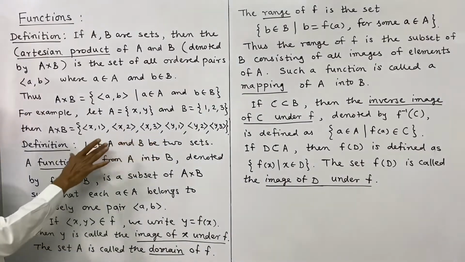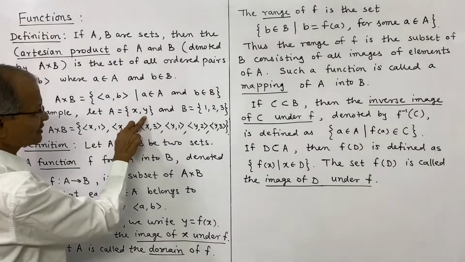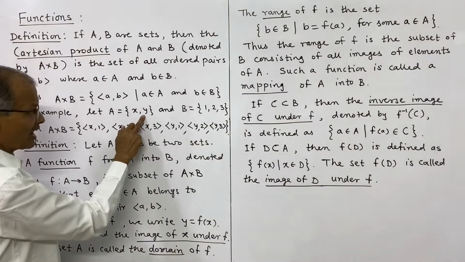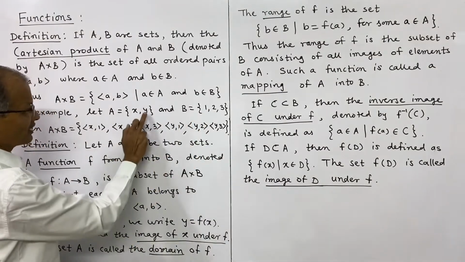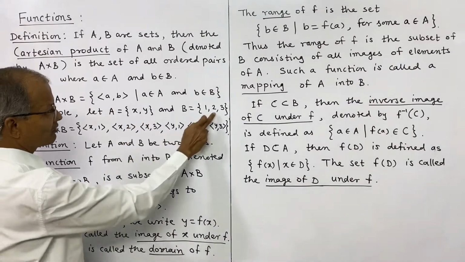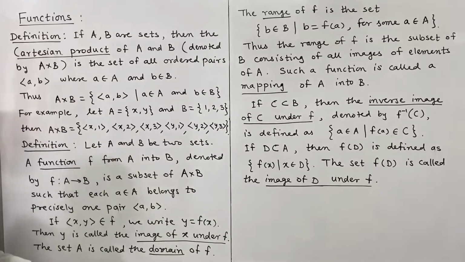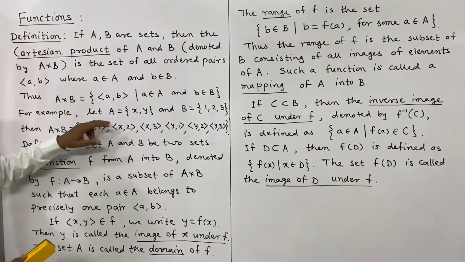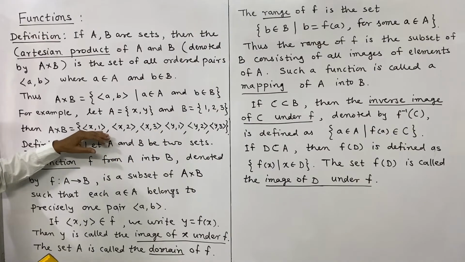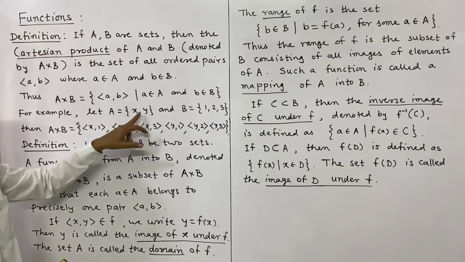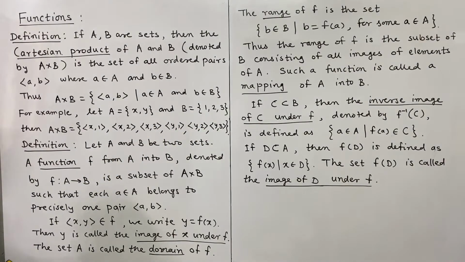So the pairs with first element x are all written. Then we consider the second element of the first set, y, and take the elements one by one from the second set B. That is (y, 1), (y, 2), and (y, 3). So this is the Cartesian product of the two sets A and B, where these are the ordered pairs of elements from A and from B.